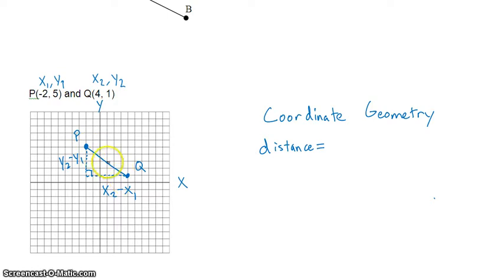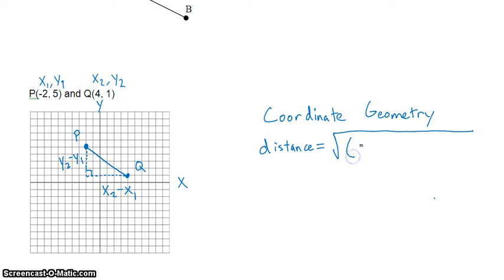Now if I were to use the Pythagorean theorem to find PQ, I would need to square this length and square this length and add those two measures together and then take the square root. In fact, that's exactly what the distance formula is.